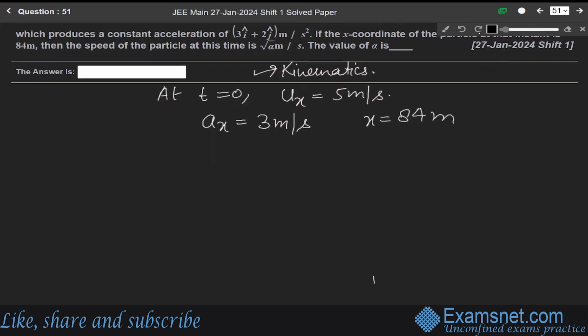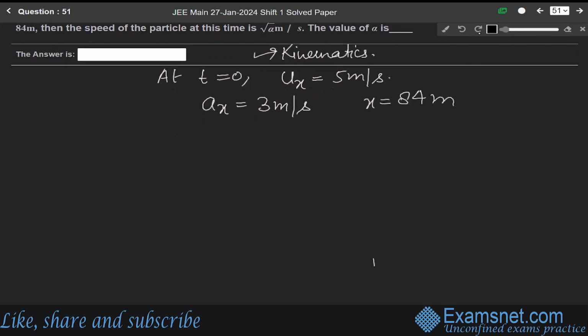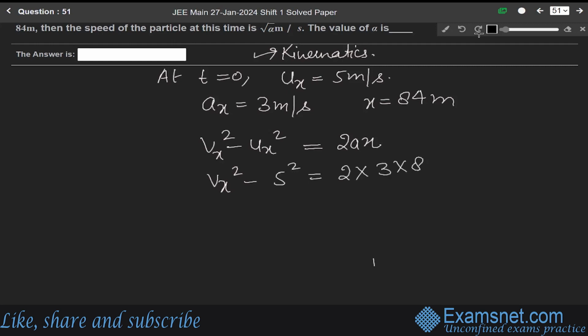So, using the third equation of motion, v square minus u square equals 2ax. So vx square minus ux square equals 2ax. So vx square minus 5 square equals 2 into acceleration 3 into x 84.